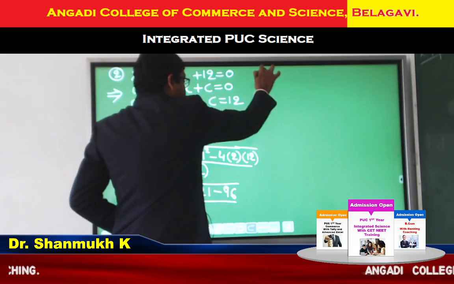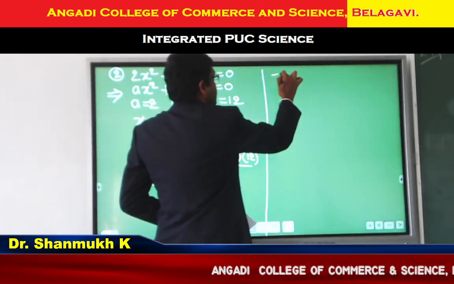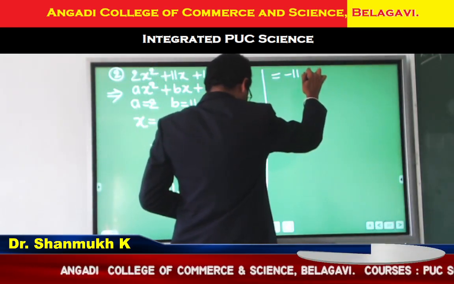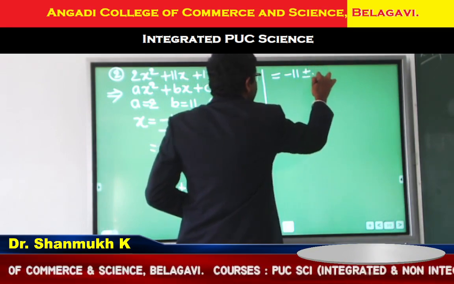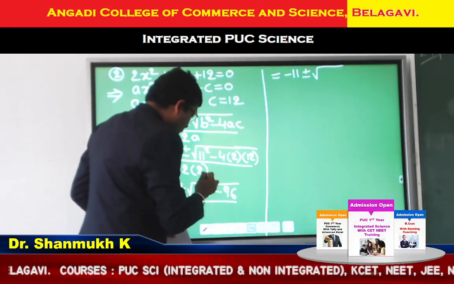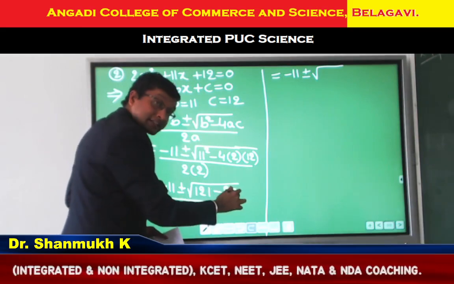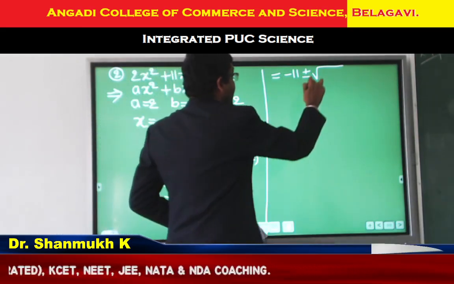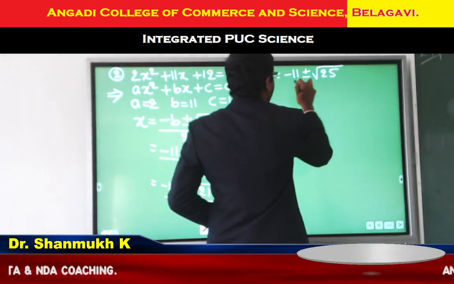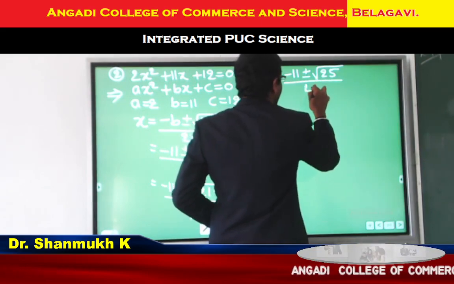For the simplification, this is equal to minus 11 as it is, plus or minus under the square root of 121 minus 96, which we get as 25. It is under the square root of 25 divided by 4.